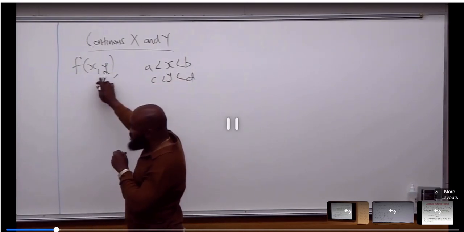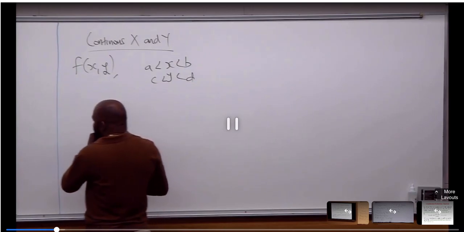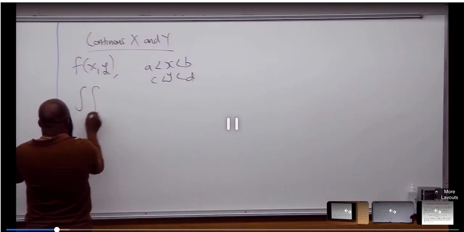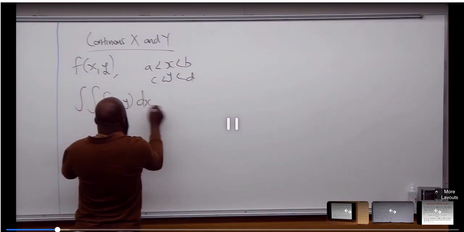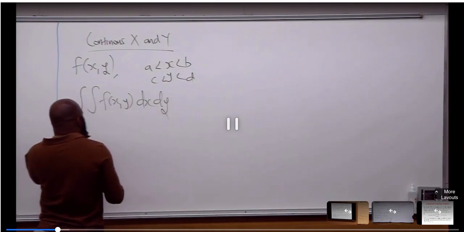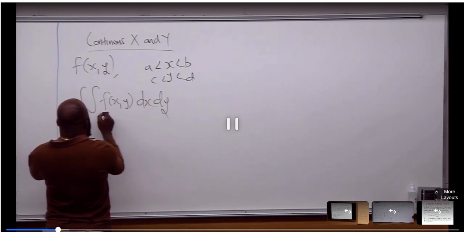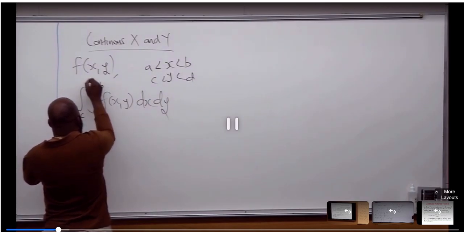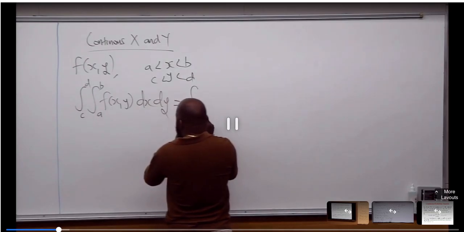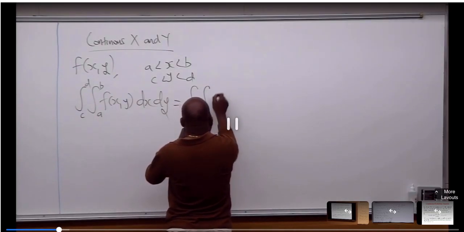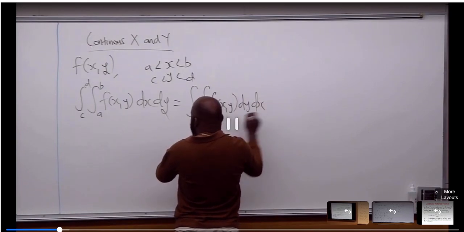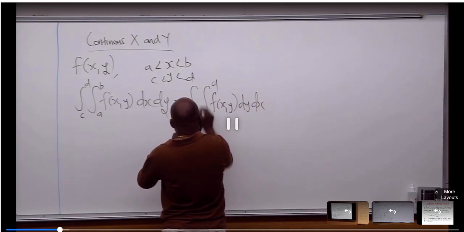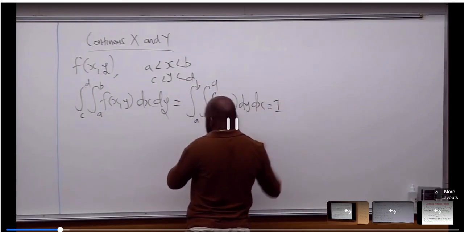This is the joint. So now, when I do the integration of f of x, y, dx, dy, if this is a to b and c to d, it's also the same as having f of x, y, dy, dx, c to d, a to b, all has to be equal to 1.